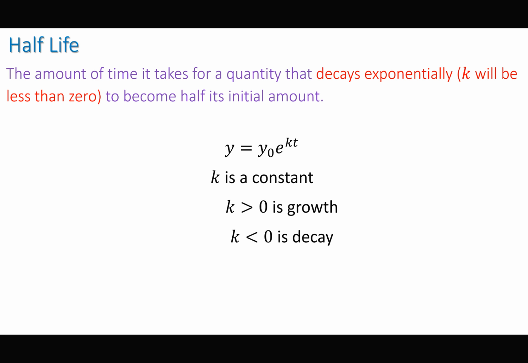And again, this is still using our exponential function, but because it's a decay, our k is going to be negative. So any half-life problems when you're solving for k, you need to get a negative number for k. Or when you're working with the actual model of the function that you create, k is negative. Make sure your k is negative.